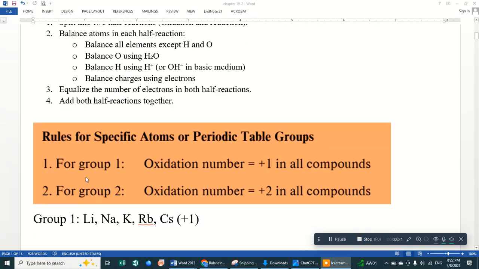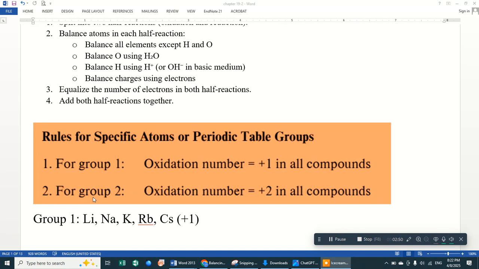For example, group 1 of the periodic table belongs to the alkali metals: lithium, sodium, potassium, rubidium, cesium. These are all metals. We know that metals have a tendency to lose electrons, and they have a tendency to lose one electron. So the oxidation number of all alkali metals is +1. They show the +1 oxidation state in all their compounds.